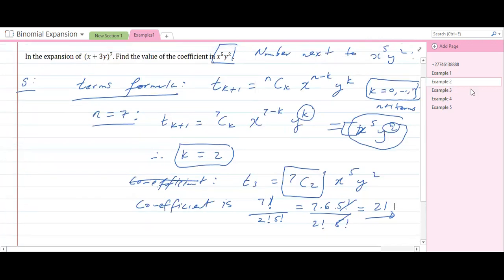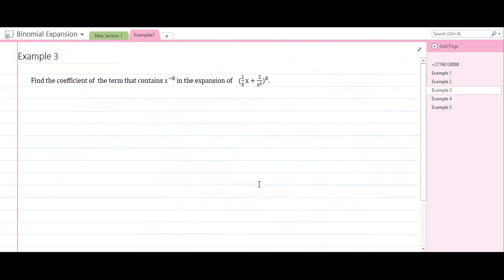Moving on to example 3. Example 3 says, find the coefficient of the term that contains x to the power negative 8 in the expansion of this. So solution, we will start off with t k plus 1, which is equal to 8 choose k.